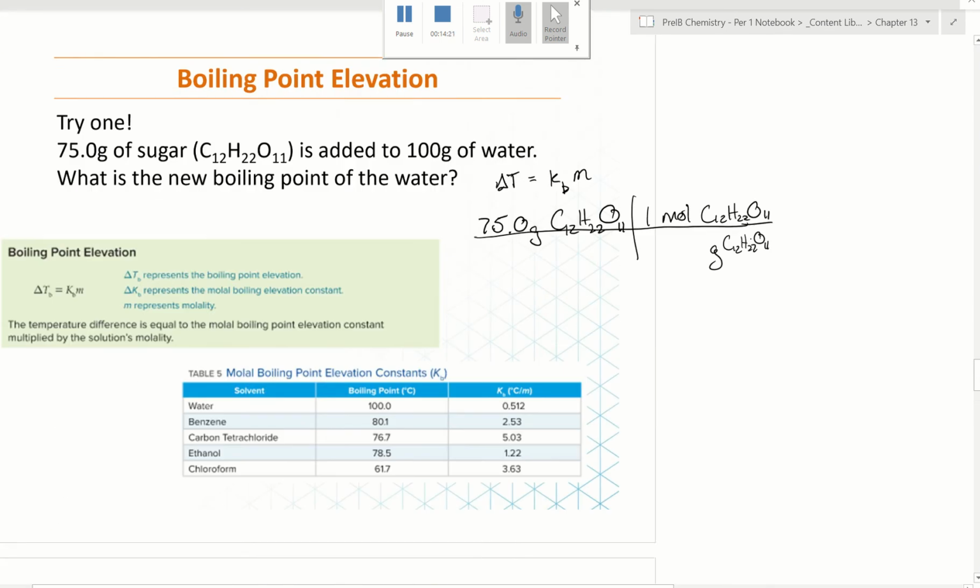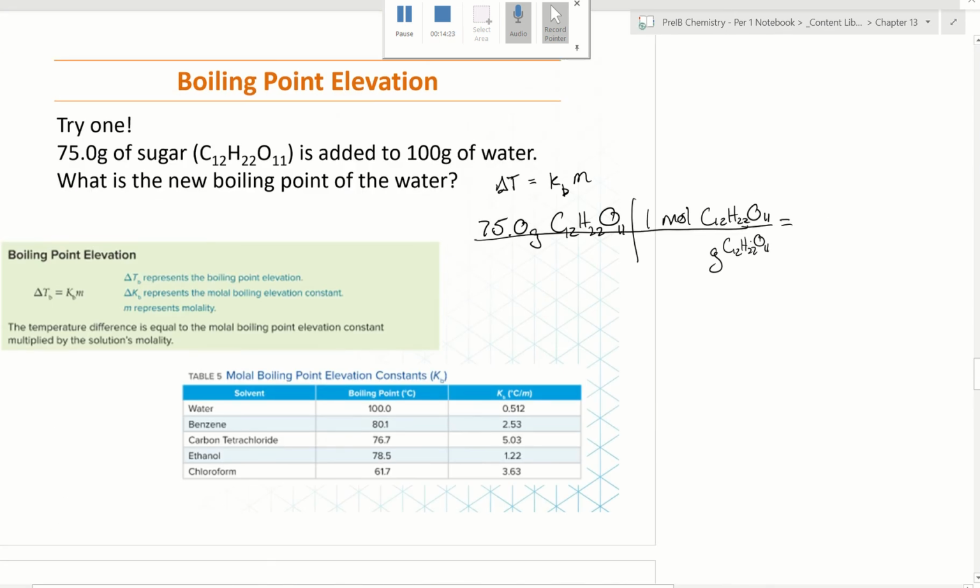Okay, so I'm just going to convert this guy into moles. So that's 342.34 grams. That gives me 0.2191 moles. Well, I need to know the molality, so 0.2191 moles of solute over 0.100 kilograms of water.